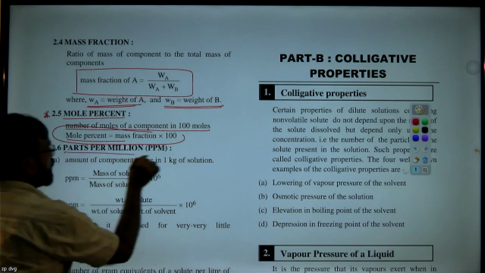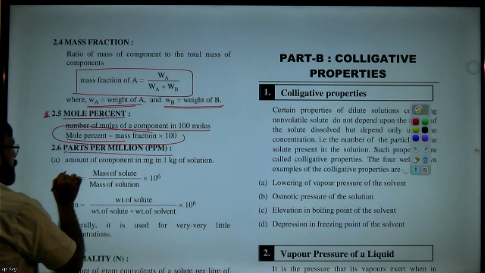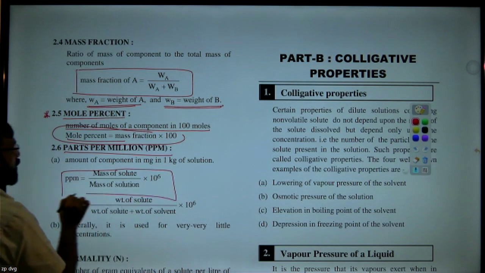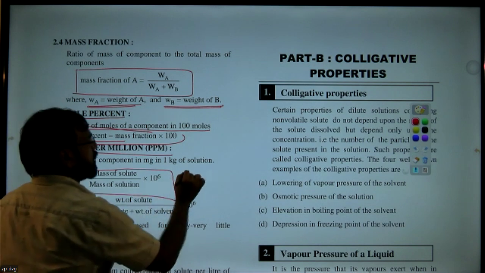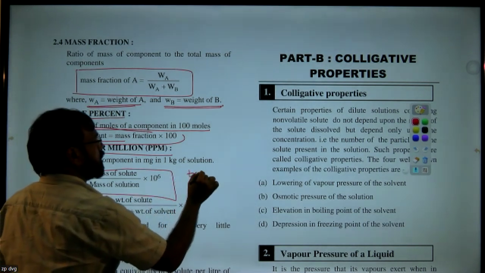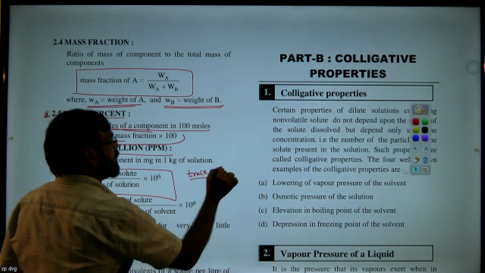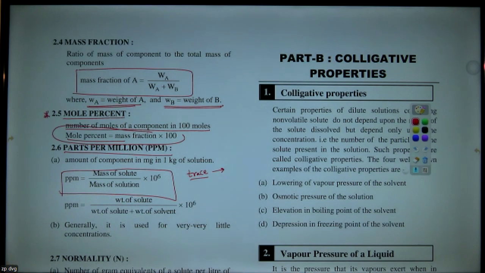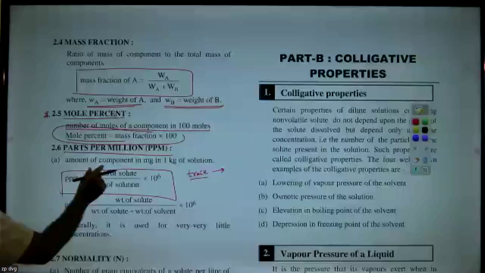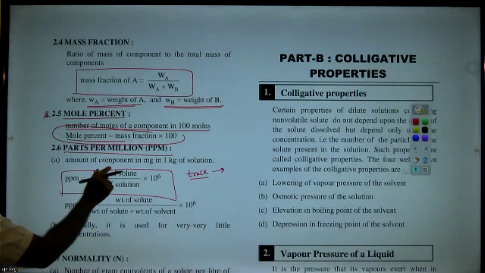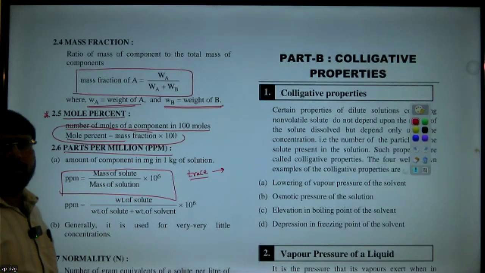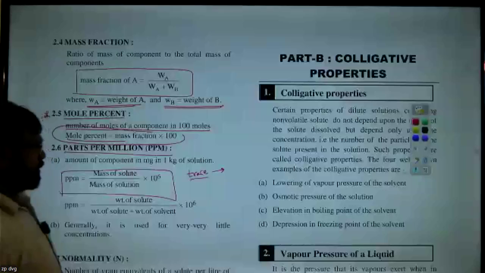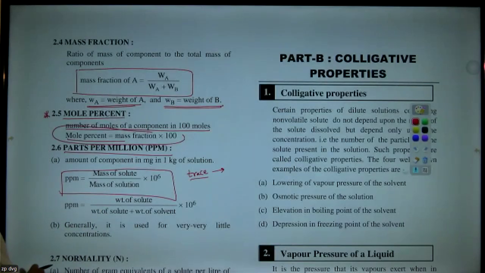So this is parts per million. When will we use parts per million? Whenever the solute is present in trace quantity, we will use parts per million. What is the meaning of parts per million? The number of parts of one substance present in 1 million parts of solution is known as parts per million.